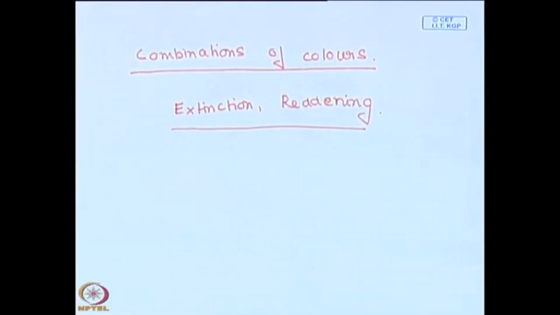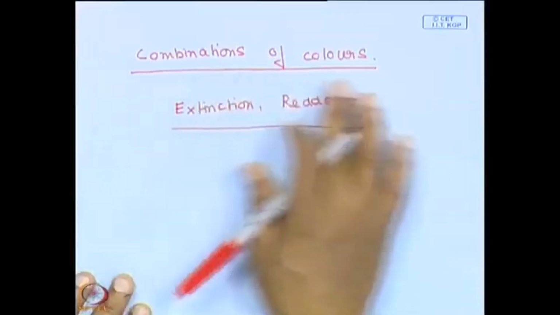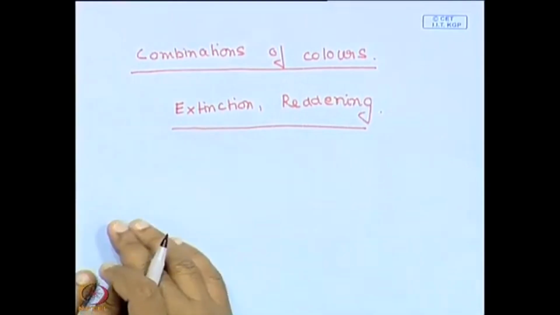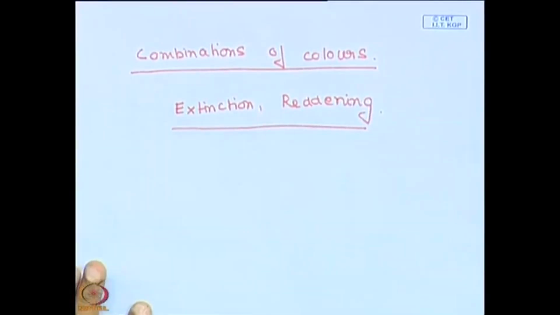Okay, so let me remind you what the basic idea is again. The dust absorption is not uniform at all wavelengths, so it causes the radiation to appear redder, and this knowledge can be used to construct combinations of colors which allow you to determine from the observation how much extinction and reddening has really occurred.